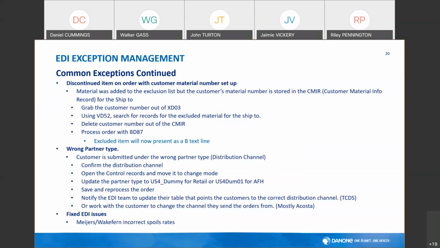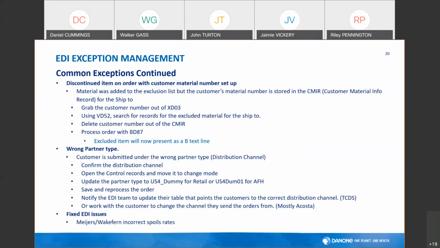The last one that we see, we've fixed a lot of these, but it still does happen, is if the customer comes over as the wrong distribution channel. So this happens a lot with Acosta, where they'll have it loaded one way in their system. They're sending it from the Acosta address, which maps to the US4 dummy, but it's actually an away from home customer, so it's a convenience customer.